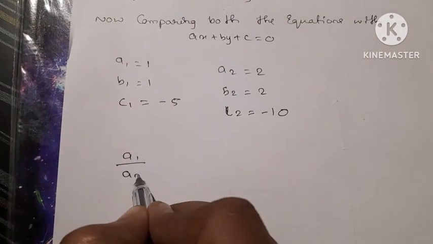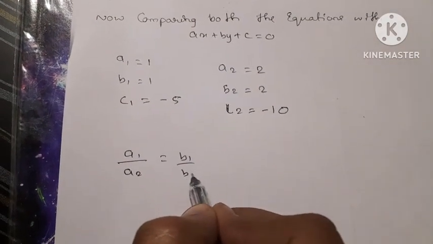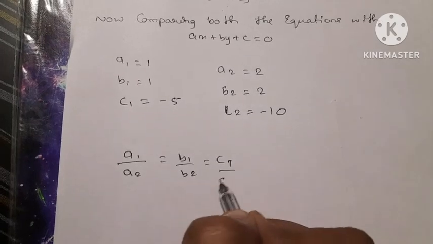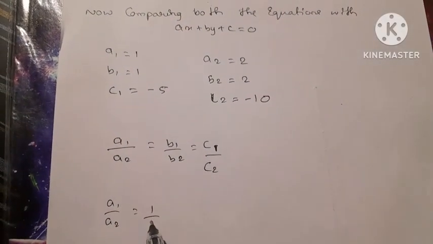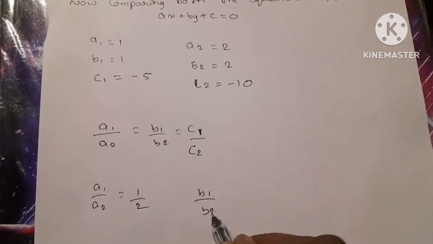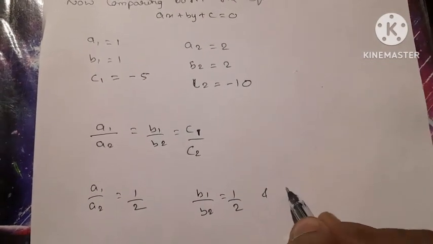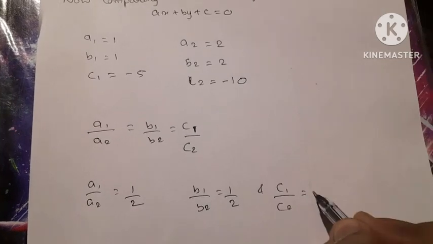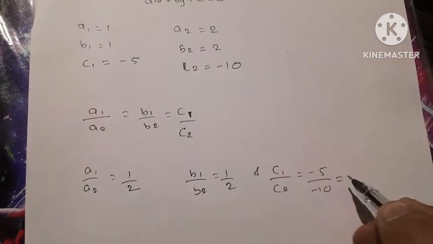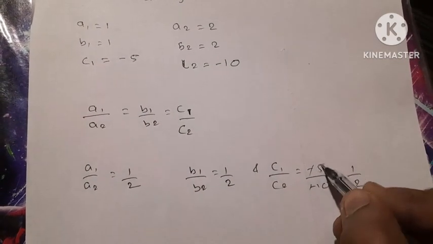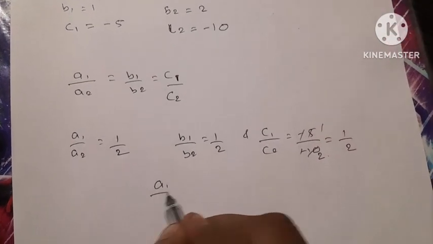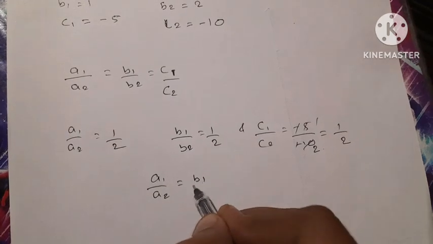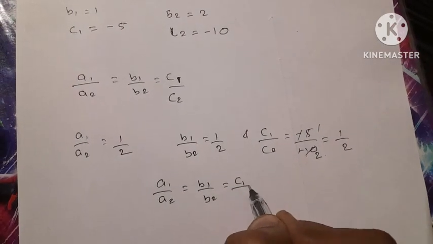So comparing a1 by a2 is equal to b1 by b2 is equal to c1 by c2. a1 by a2 is equal to 1 by 2, b1 by b2 is equal to 1 by 2 and c1 by c2 is equal to minus 5 by minus 10, which is 1 by 2. Minus minus cancel, 5 ones are 5, 5 twos are 10, so 1 by 2. So we can say that a1 by a2 is equal to b1 by b2 is equal to c1 by c2.